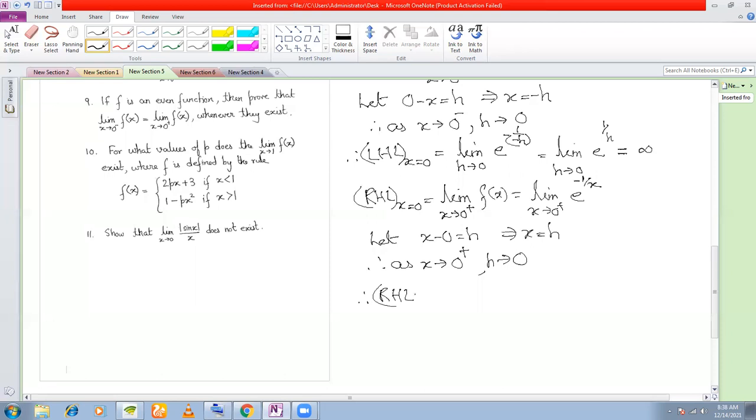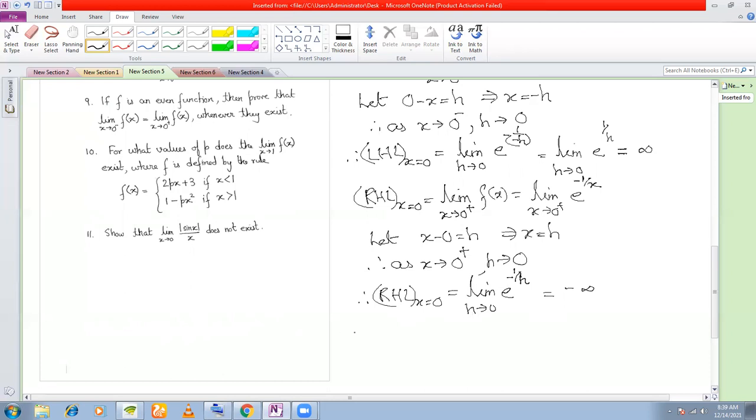Right hand limit at x is equal to 0 becomes limit h tends to 0, e to the power of -1 by h, right? And if you see h is very close to 0, so -1 by a number very close to 0 will be very close to minus infinity, and e to the power of minus infinity will be equal to minus infinity, right?